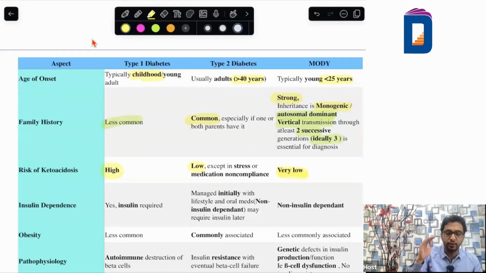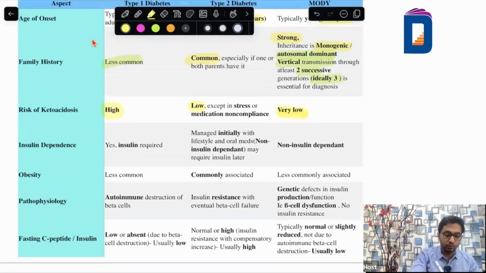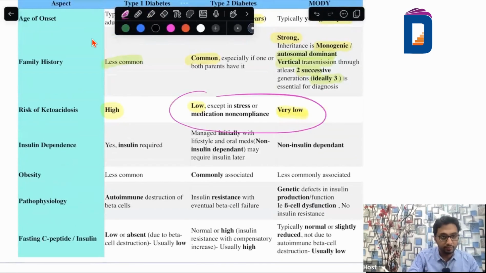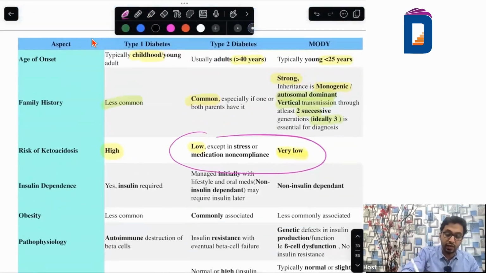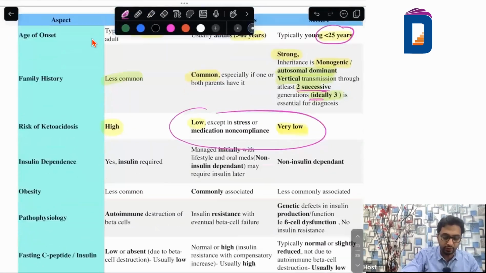They have high blood sugar levels, but not to the level of type 2 or type 1. So they have enough insulin, so the risk is low. This is something common for both, isn't it? But the major difference is this age group, and definitely this 2 successive generations. We saw it, isn't it?